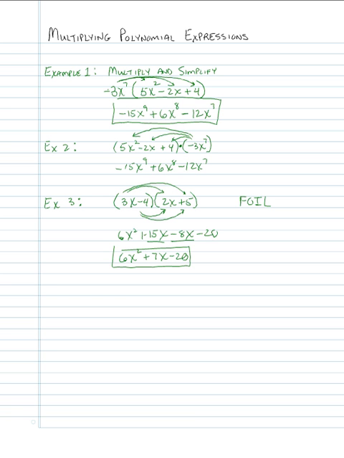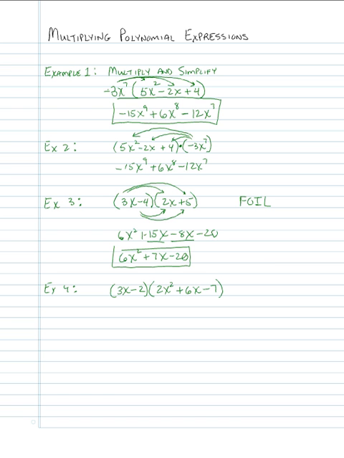Now, let me remind you, though, that although it's not called FOIL, the same pattern works if we're dealing with something that looks like a binomial times a trinomial. So we might have something that looked like this. How about 3x minus 2 times the trinomial 2x squared plus 6x minus 7.